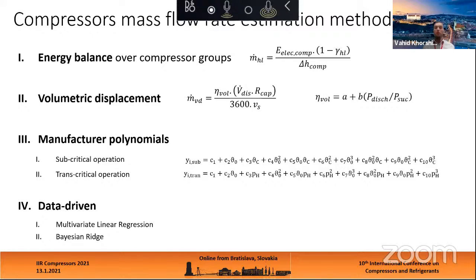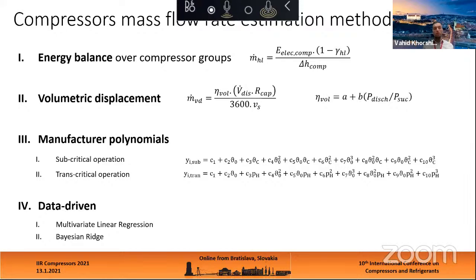The other method is based on volumetric displacement, and that means that you need to have the volumetric efficiency for the compressor, and then the mass flow rate can be estimated. There are also manufacturer polynomials; here we use the polynomials from Bitzer, and we have two operational conditions when running the system, that is subcritical and transcritical. For both of these, we have separate formulas to calculate, and they are mostly based on pressure and condensing temperature.